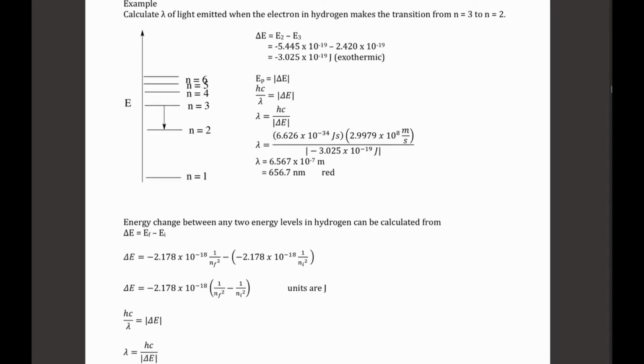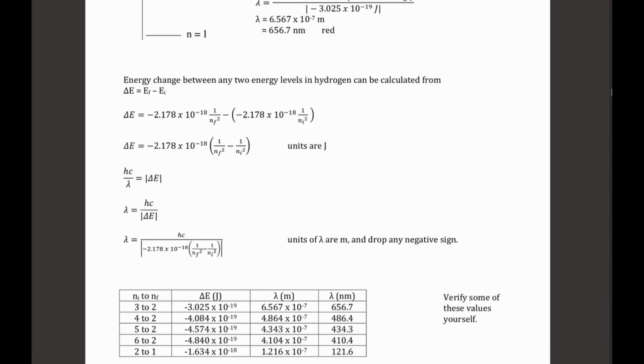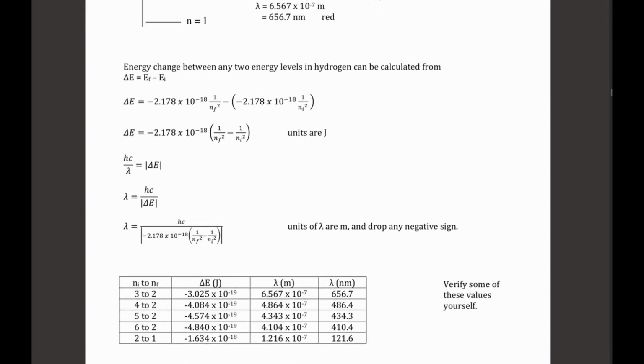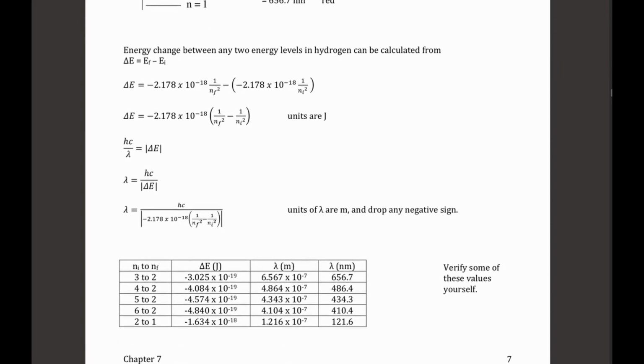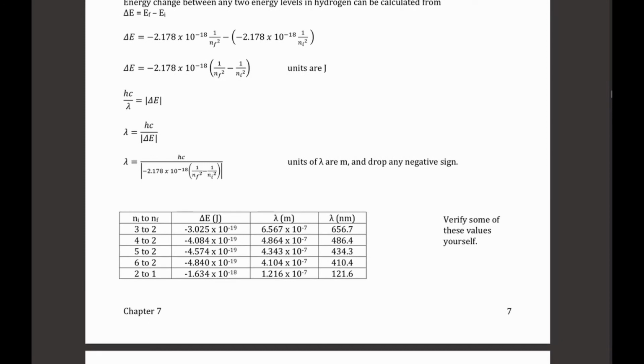The energy change between any two energy levels in hydrogen can be calculated from delta E equals E sub F minus E sub I. So delta E is equal to E sub F, which is negative 2.178 times 10 to the minus 18, 1 over n sub F squared, that's the Bohr equation for the final, minus a negative 2.178 times 10 to the minus 18, 1 over n initial squared.